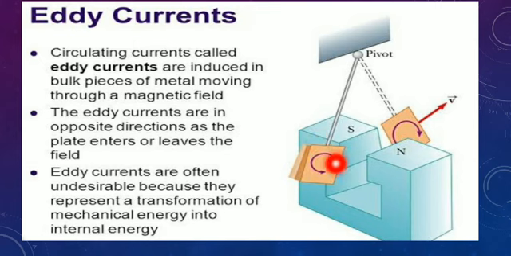The circulating current in the plate is eddy current, induced in bulk pieces of metal moving through the magnetic field. So this is the metal moving in a uniform magnetic field. The eddy currents are in the opposite direction as the plate enters or leaves the magnetic field.